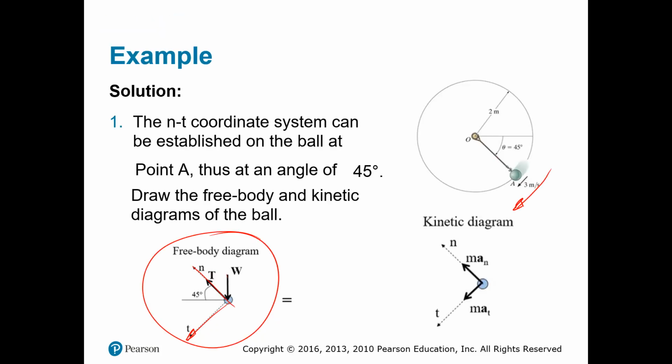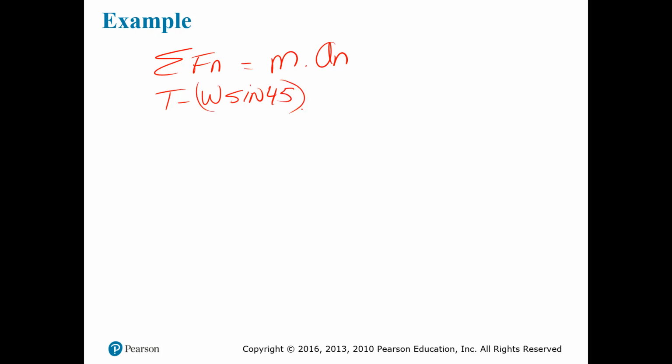So once you have that, and everybody's with me on this, we need to write the equation. I will write the sum of forces in the normal direction equals m multiplied by the normal acceleration. If we take a look at the free body diagram, we see that we have the tension going up, in the positive direction, minus the weight multiplied by the sine of 45, because it's the component of the weight in the coordinate system I established, and this equals m a_n.